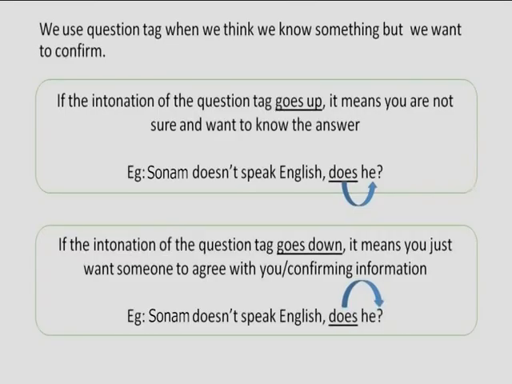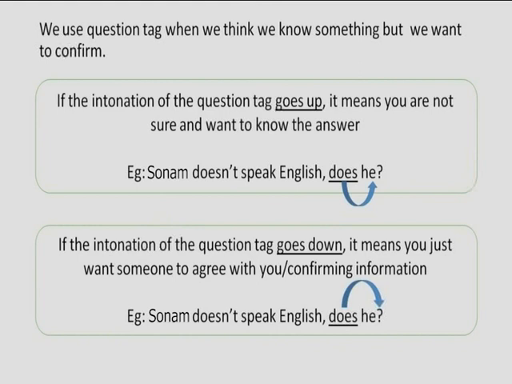When we think we know something, but we want to confirm whether it is true or not, yes or no? In such cases, intonation matters a lot. In the beginning, when we read the example sentences, we actually used our intonation, right? So intonation matters a lot in a question tag.